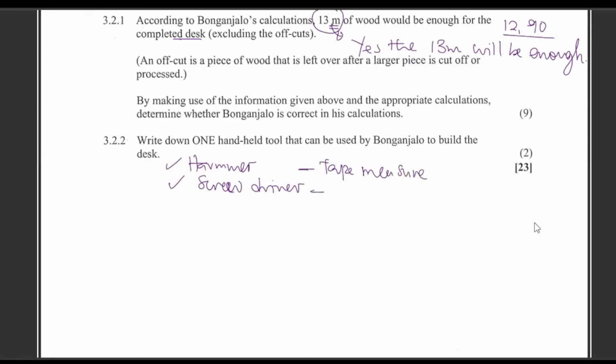Someone else could have said a ruler. We have those long rulers used for carpentry and welding, those metallic ones. Any other tool? A drill, handheld. Yes, handheld tools. So drills, okay. That's only one, they didn't say much.